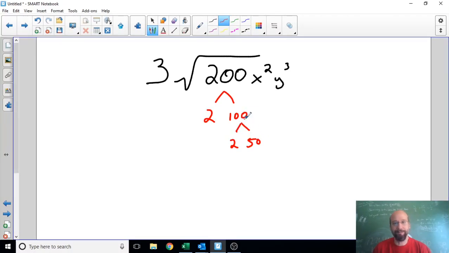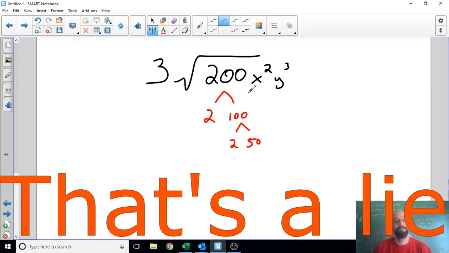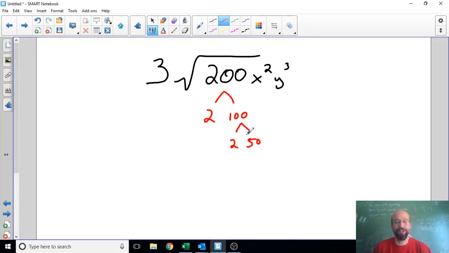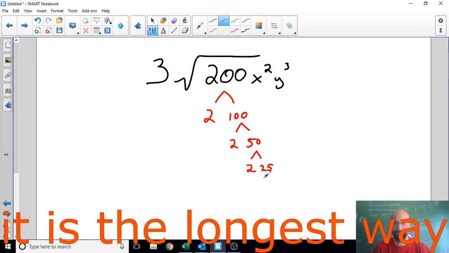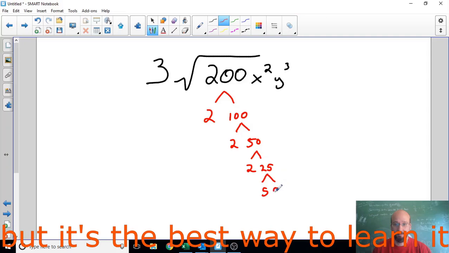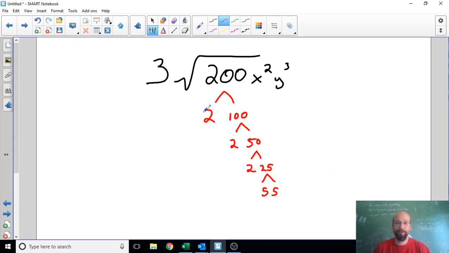There's multiple ways I could break down 100. I could do 10 and 10, and then I could stop there since I have a pair. But the way I'm showing is the simplest way, though it probably is the longer way. But there's the number, 2 and 100, then 100's 2 and 50, and 50's 2 and 25, and 25's 5 and 5.